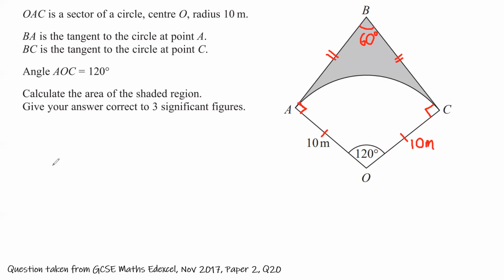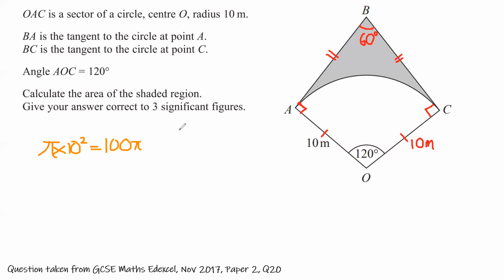In order to do that, we're going to find out the area of the full circle. That would be pi r squared. So pi times the radius, which is 10, squared. This will give us 100 pi. But of course, we don't actually want the full circle.